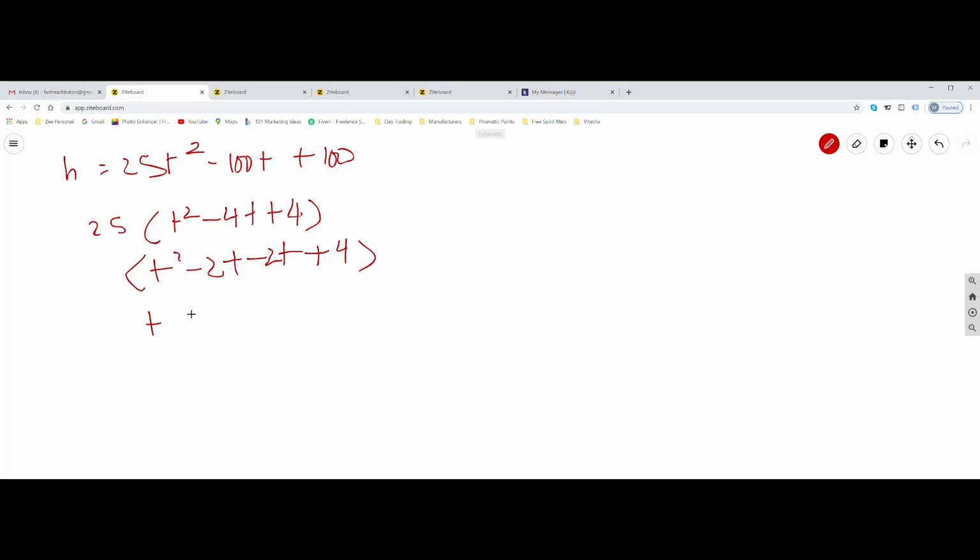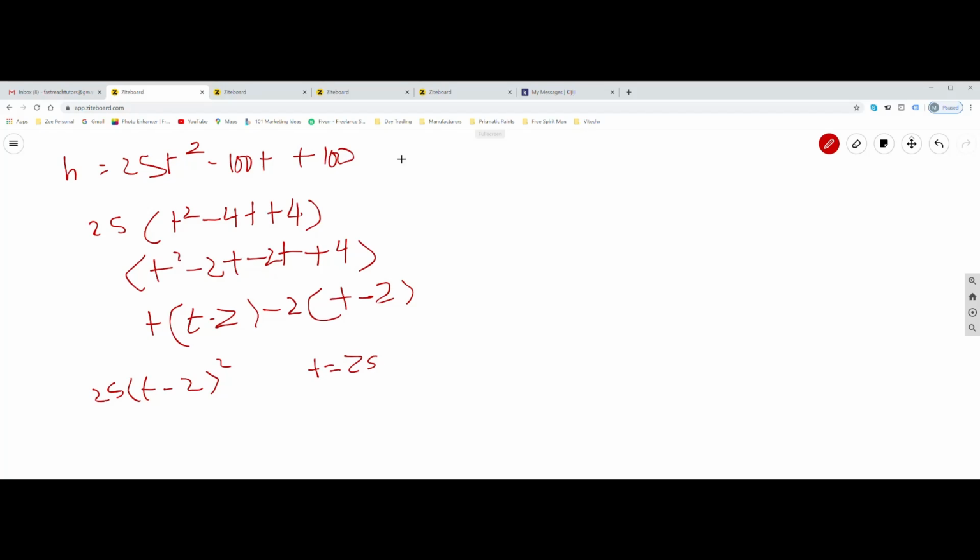You can take out the t minus 2, and then you take out 2. So you have 25 times t minus 2 squared. So when it reaches touchdown, t equals 2 seconds.